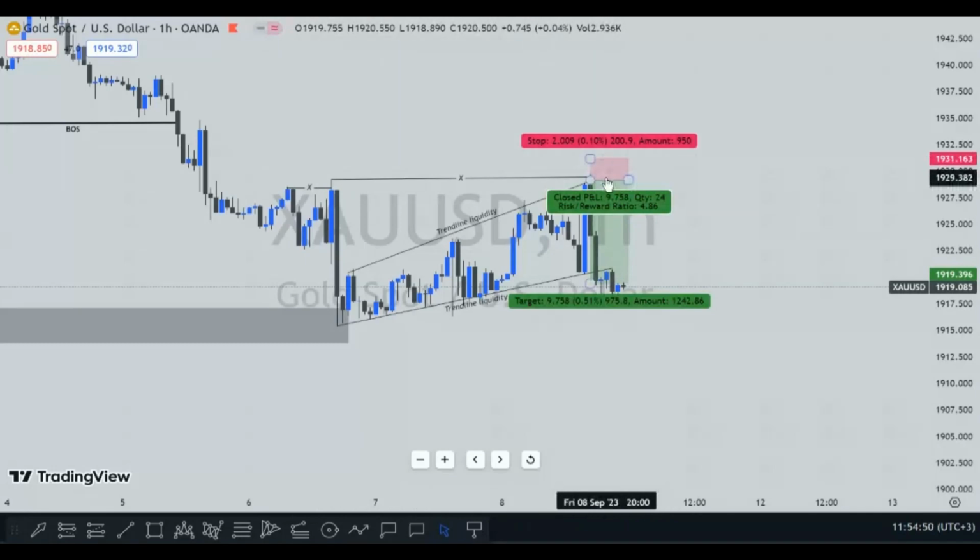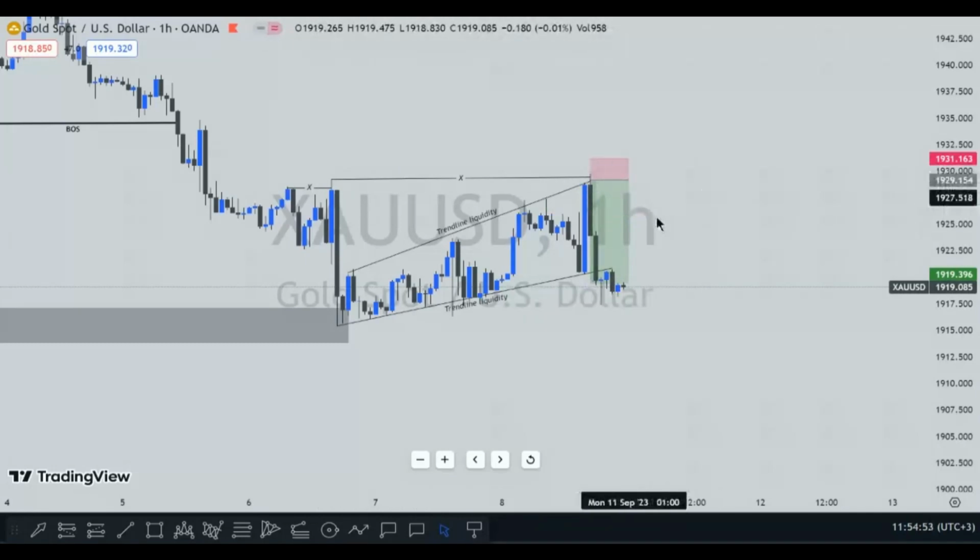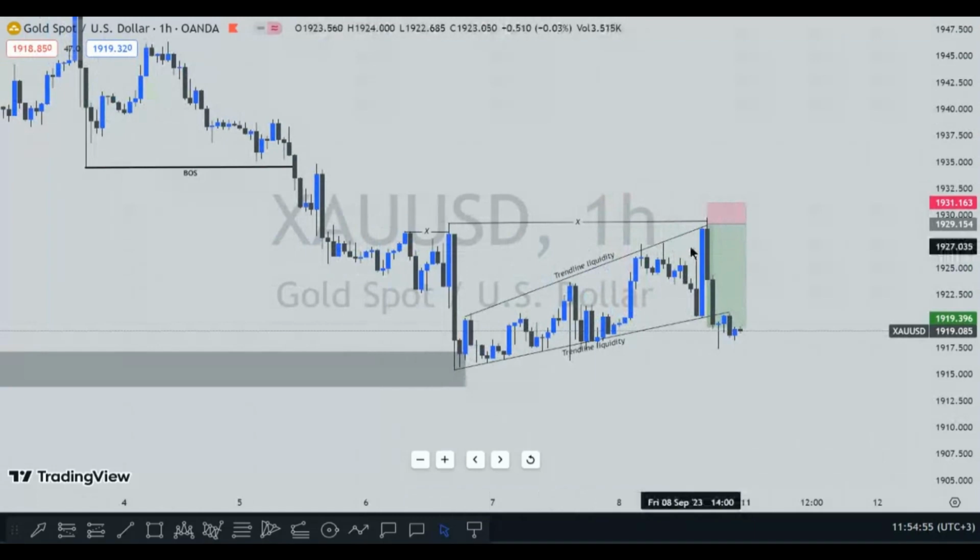I took this trade. I will show you how to spot liquidity easily and trade it effectively in the next video. So, after price took out this previous lower high, I took the short entry.